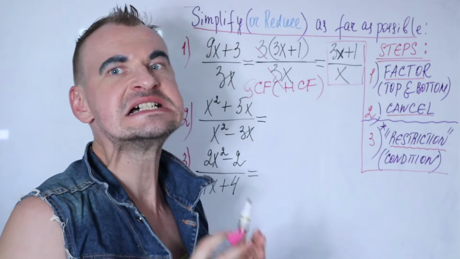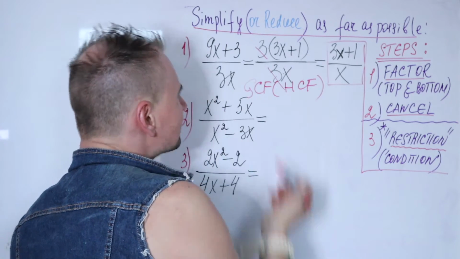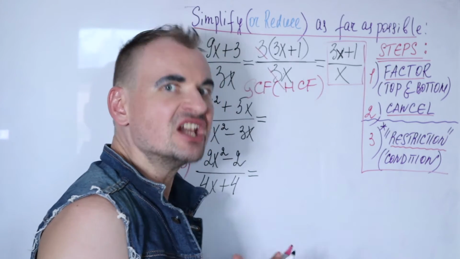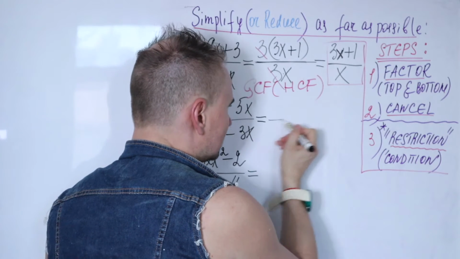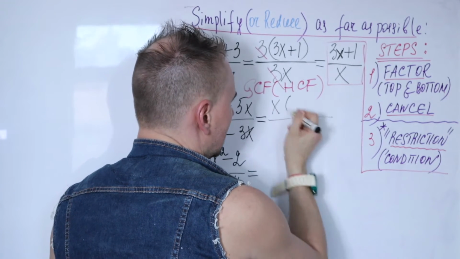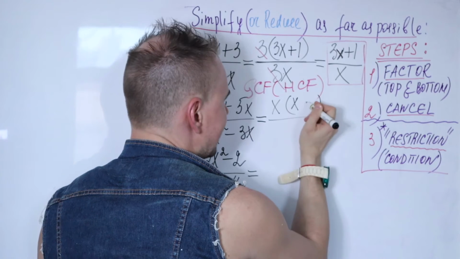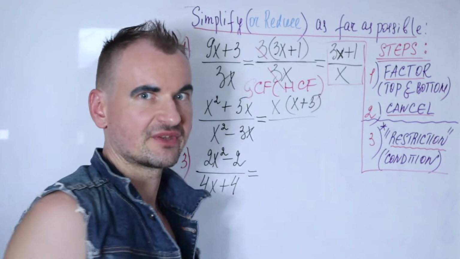It's precisely the same thing. Now, x squared plus 5x. Yes, you have a common factor, x, and x can be pulled out. What's left over? Instead of x squared, you would have just x. You keep this plus, and you have 5.